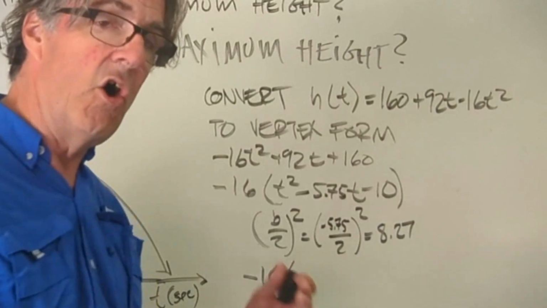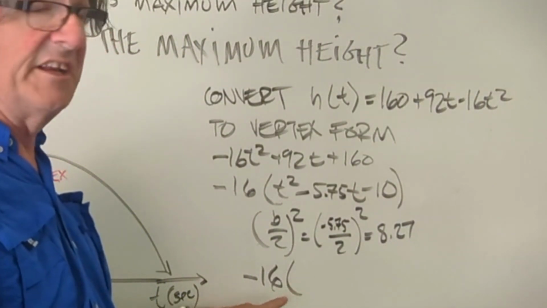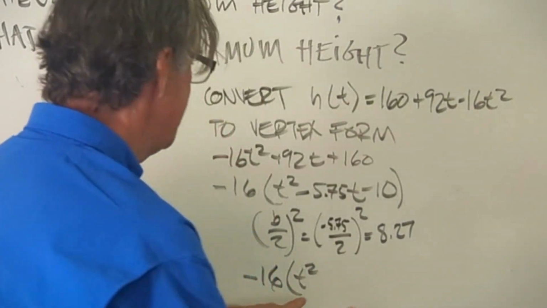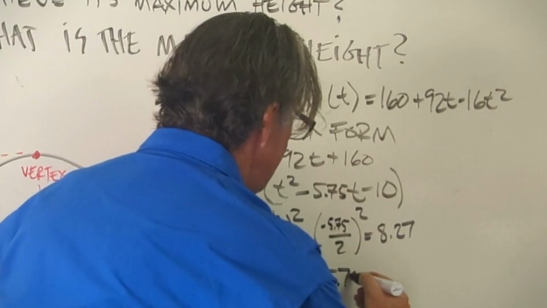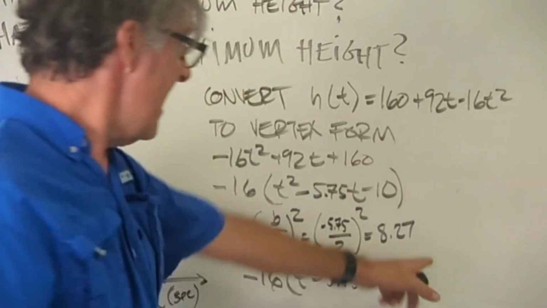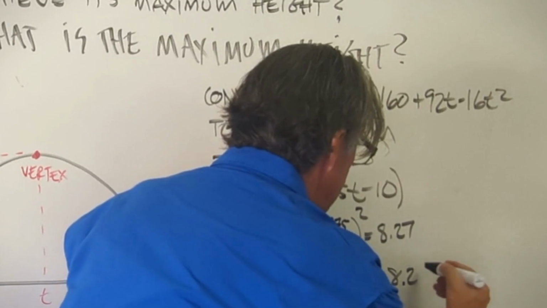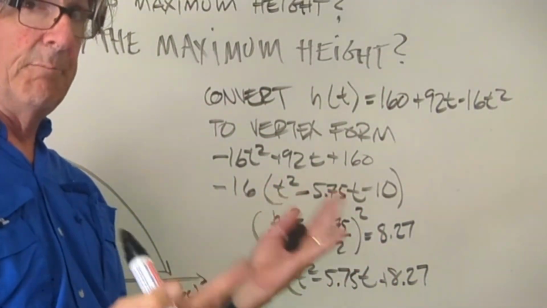In fact, for the whole rest of the time, this is just going to hang out at the front of the equation. We're not going to need to do anything more with it. So inside I have my t squared minus 5.75t. Now I add my 8.27. But I can't just add 8.27 to one side of the equation because I'm going to break it.